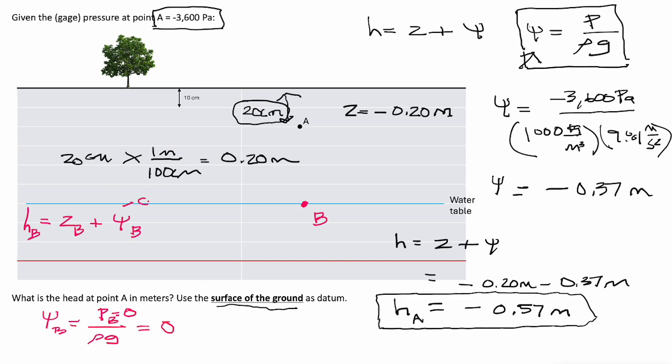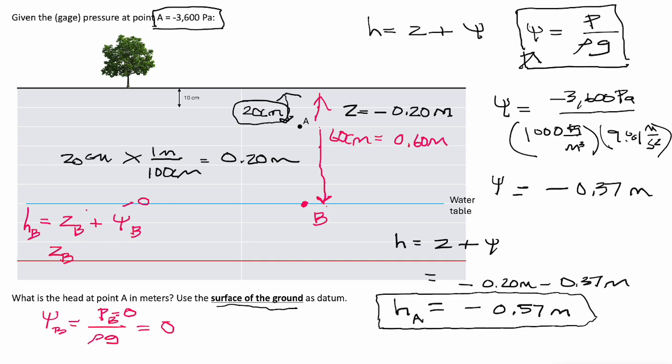That part is easy. But the elevation head at the water table in this case is not 0, because we're choosing the surface as datum, and we have to count it down: 10 centimeters, 20, 30, 40, 50, 60. So this distance is 60 centimeters, or 0.60 meters.